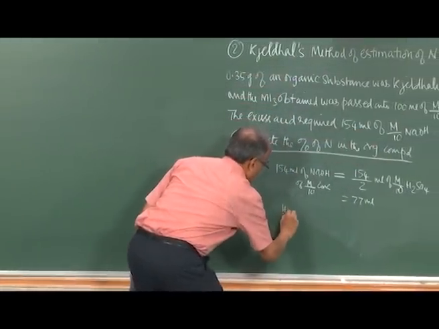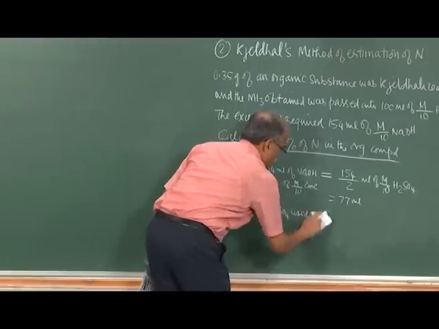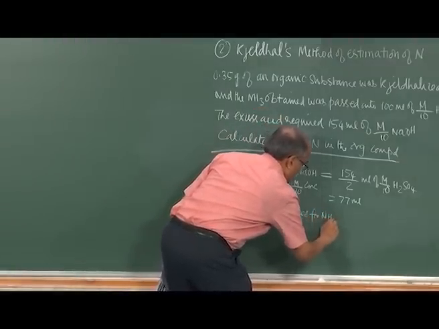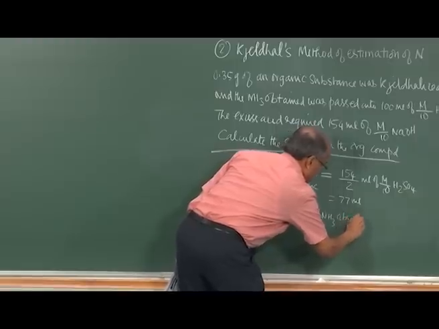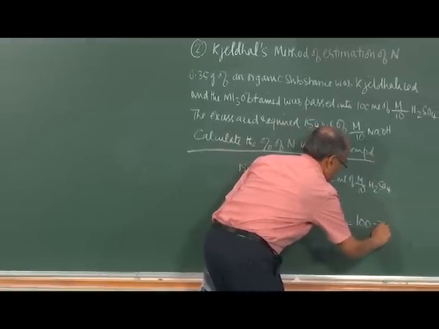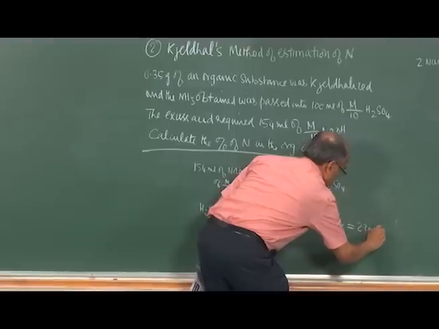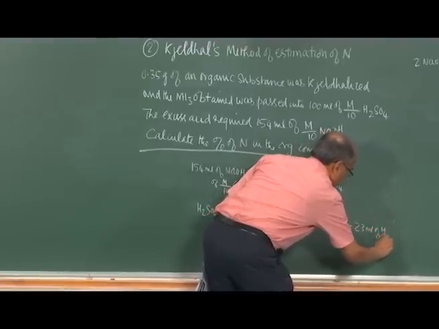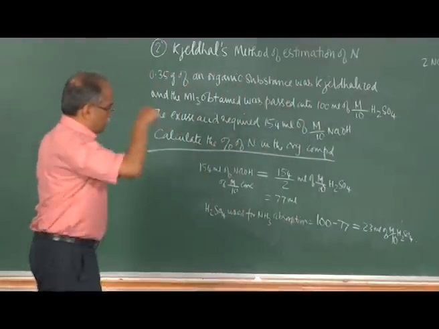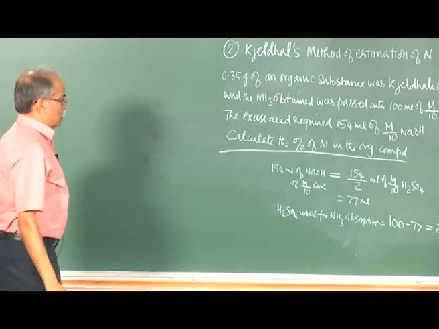Therefore, sulfuric acid used for ammonia absorption will be equal to 100 minus 77, which is equal to 23 milliliters of M/10 sulfuric acid. So, 23 milliliters of sulfuric acid is actually used for the absorption of ammonia in this particular case.